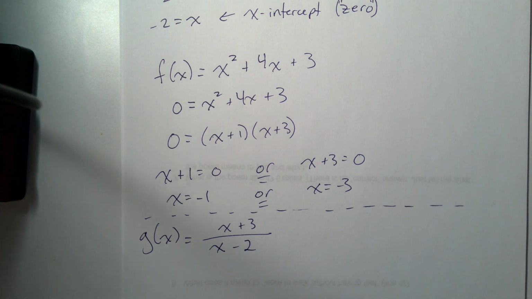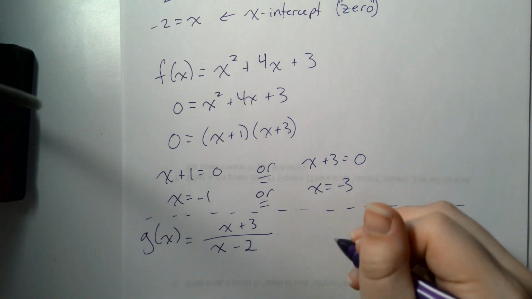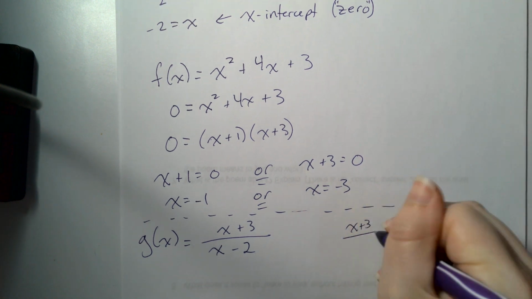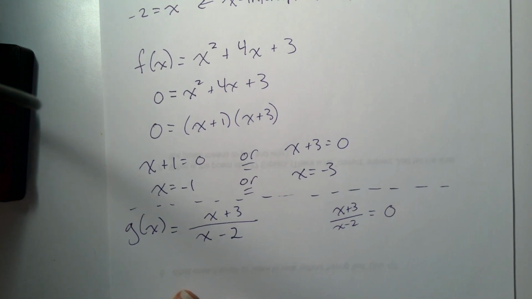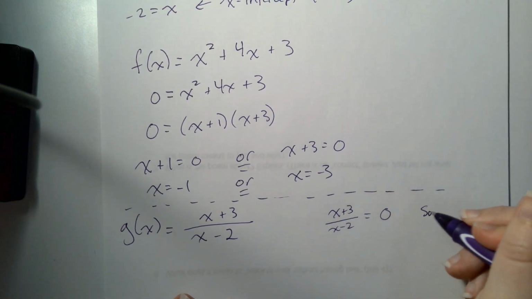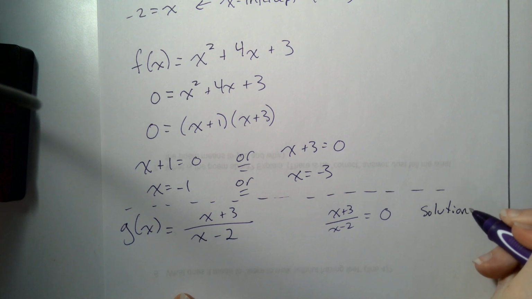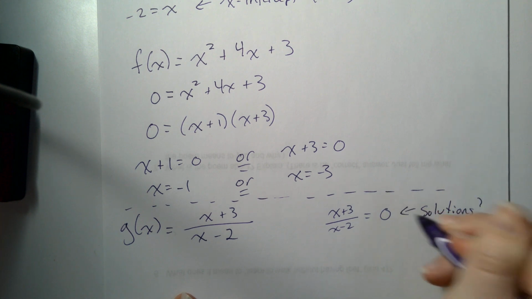It's the same idea as with the other types of functions. The x-intercept is just what value of x makes the function equal 0. So what makes x plus 3 divided by x minus 2 equal 0? You want to find the solutions to that.